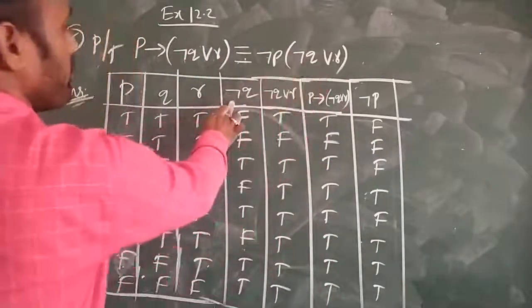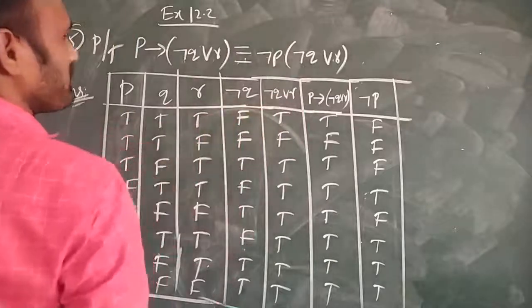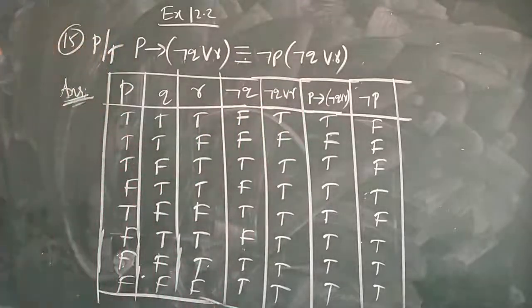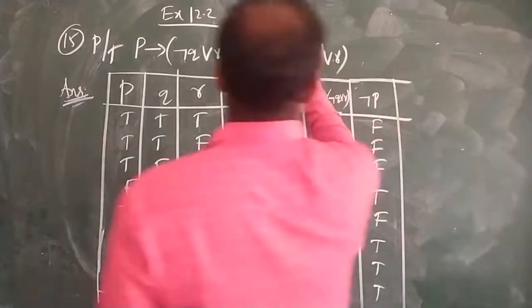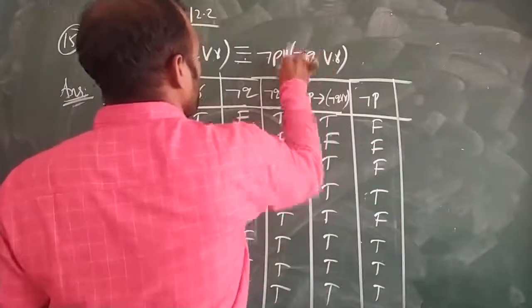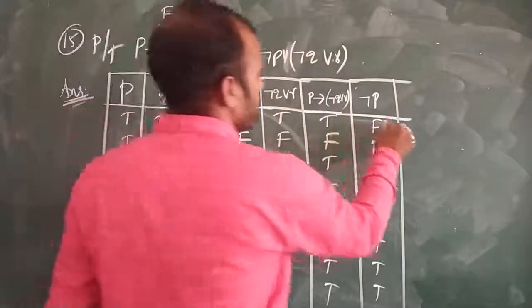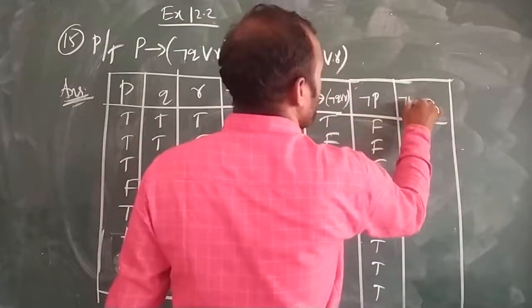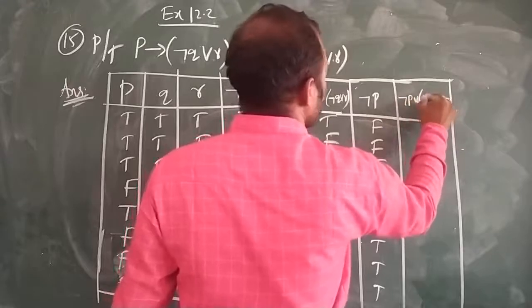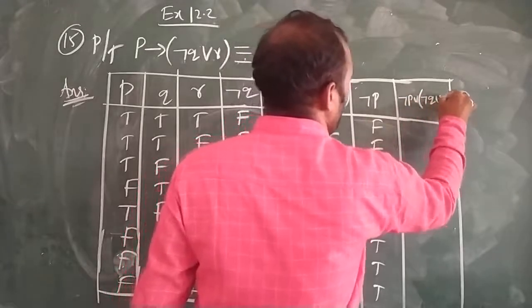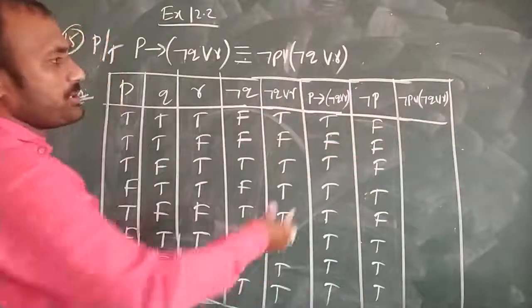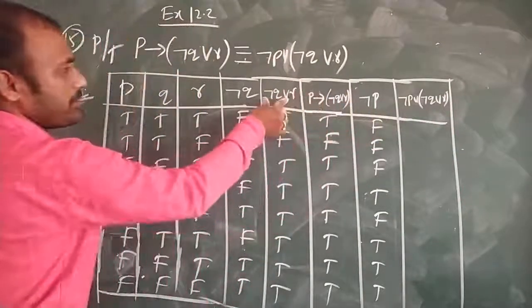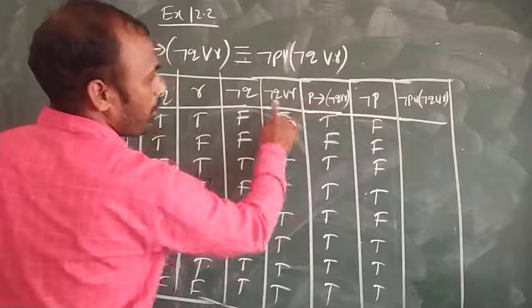Negation Q or R is already there for us. So negation P or negation Q or R. For this column negation P and this column we need to apply the OR operation.